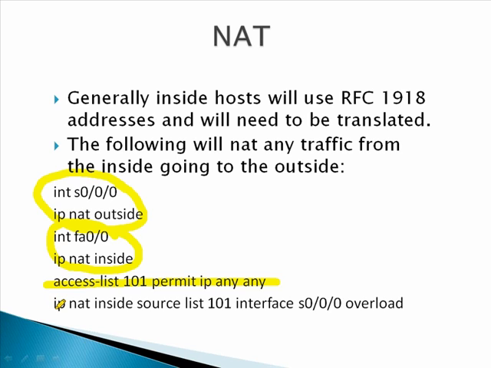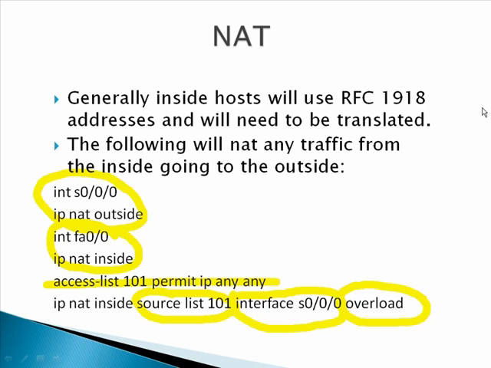So ip nat inside source list 101, which is my ACL up here. The destination is going to be interface serial 0/0/0, so I'm translating from anything that matches this ACL to the IP address that's on interface serial 0/0/0, and the overload command, which means translate more than one address to that destination address using PAT, or port address translation.